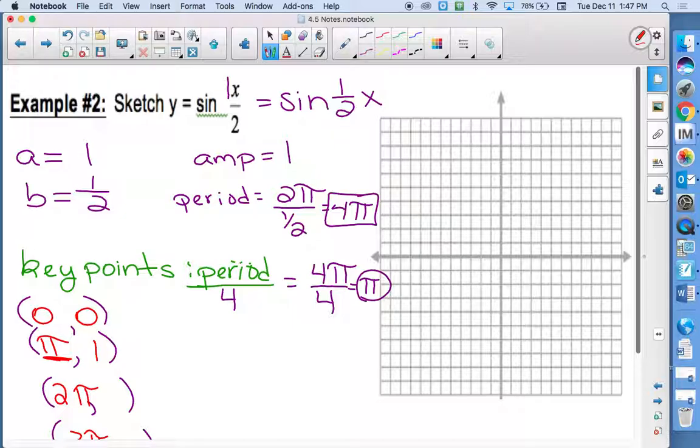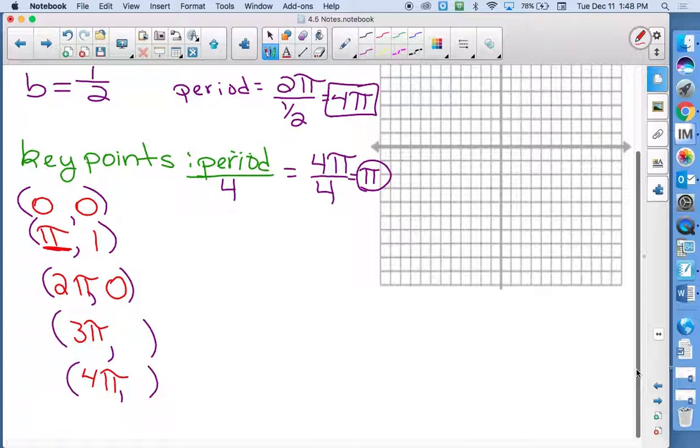The next one is 2 pi, but if you take 2 pi divided by 2, you go back to pi. So that y value is 0. And then we have 3 pi. Well, 3 pi divided by 2 has a sine value of -1. And then 4 pi divided by 2 has a sine value of 0. The y values are not going to change. So it's still 0, 1, 0, -1, 0. They're not changing just because that angle is changing, because that angle goes back to the original equation. Questions?